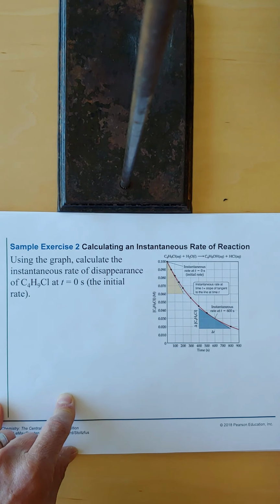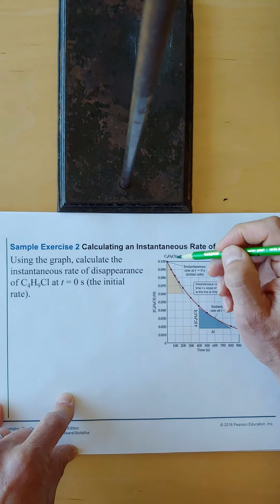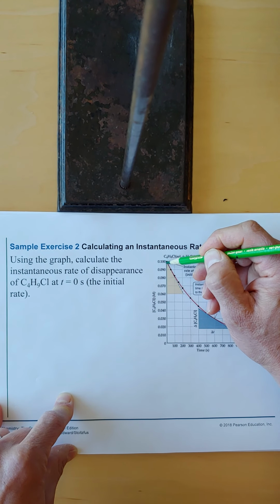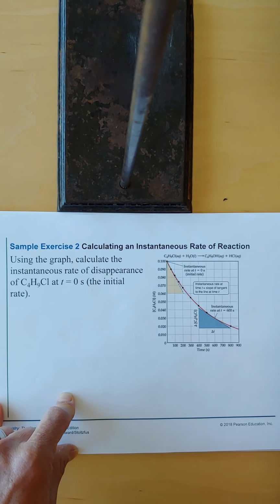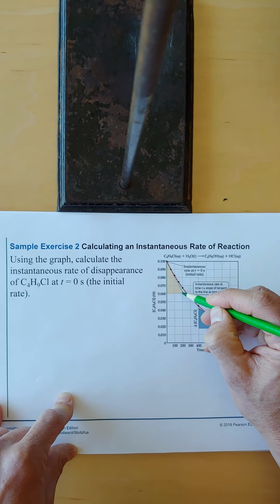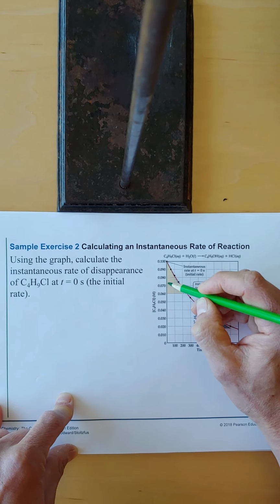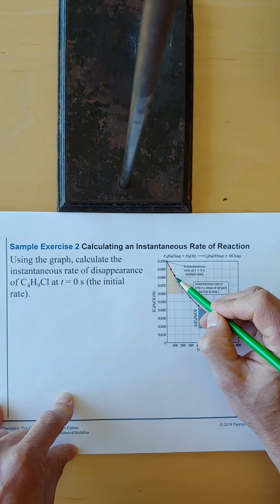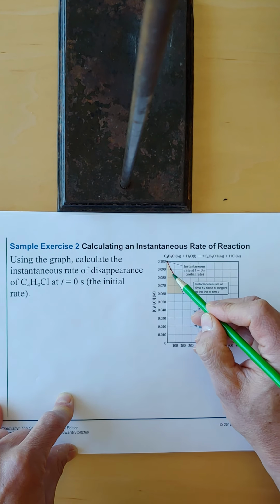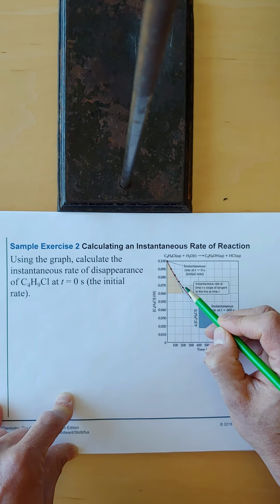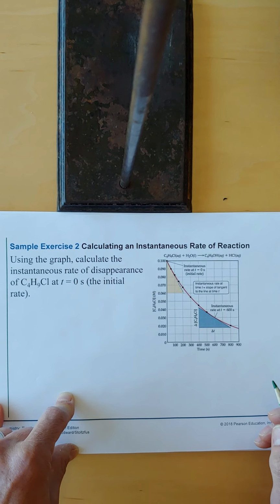The way we do that is we draw a tangent line, tangent to that curve at t equals 0, and that becomes the hypotenuse of our triangle. You can see this golden shaded area is our triangle, and this dashed green line represents the tangent line to this graph at t equals 0.